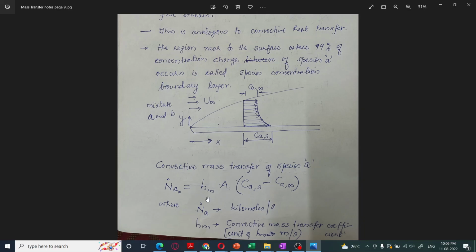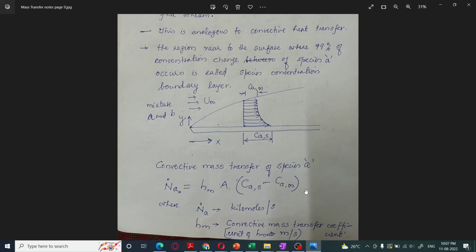We can get the unit of the convective mass transfer coefficient from N dot A divided by A into C_As minus C_A infinity. Substituting the units of all, we can see that the convective mass transfer coefficient will have a unit of meter per second. So this is just like Newton's law of cooling. This is the similar equation for convective mass transfer.